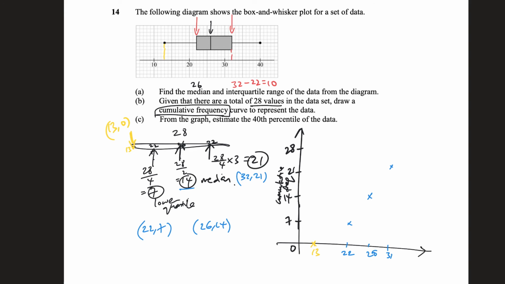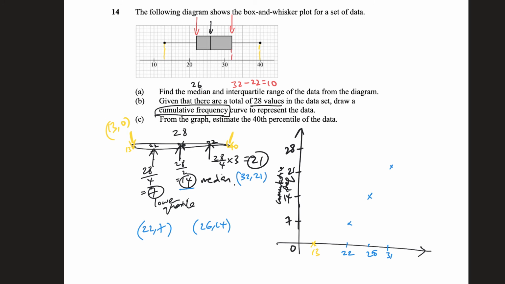For a cumulative frequency curve, we don't say 1, we say it's 0, because it's continuous data, non-discrete. I won't go into that in this video, but for now you can just say that the y value here is 0. And then over here, the maximum point is 40, and this is actually the 28th point.